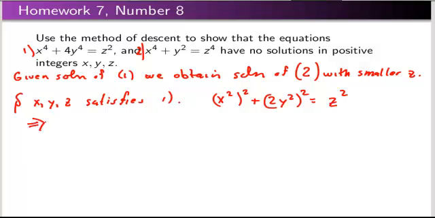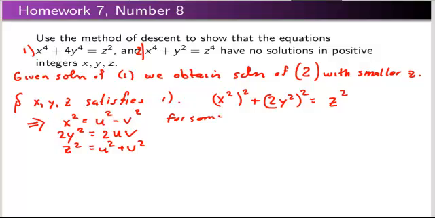So that implies that x squared is some u squared minus v squared, that 2y squared is 2uv, and that z squared is of this form for some u, v relatively prime with u even and v odd.